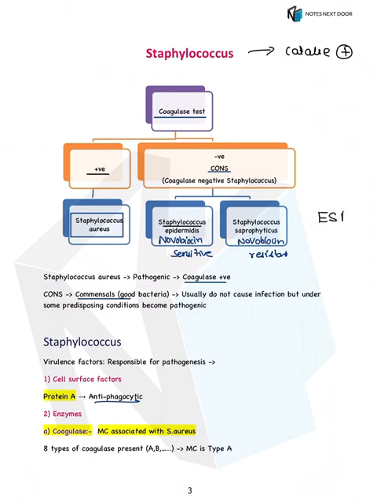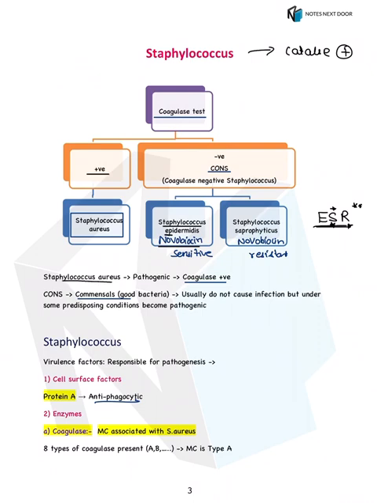How do you differentiate them? I have a mnemonic known as ESR. Epidermidis is sensitive to novobiocin, while saprophyticus is resistant to novobiocin. This is the way to differentiate between coagulase negative Staphylococci.